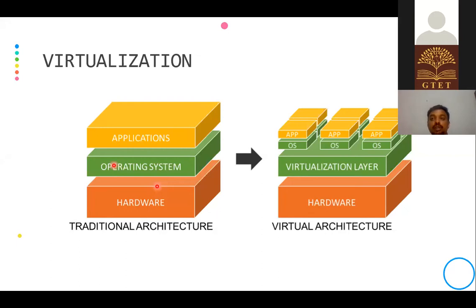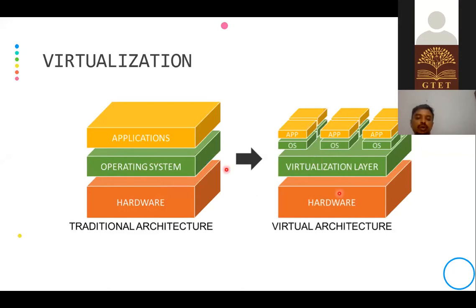Some of the key virtualization software available today, and some of the key companies working on it, are VMware and Red Hat, the two main players. And this enables end users to have something called virtual machines, which I will discuss later.